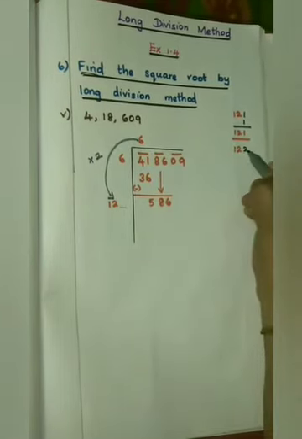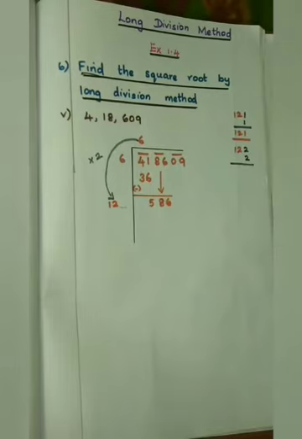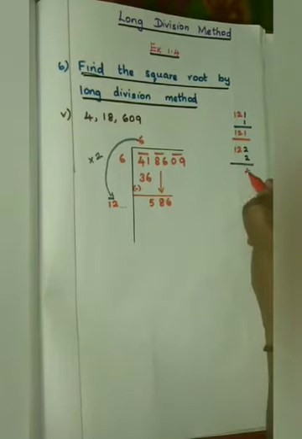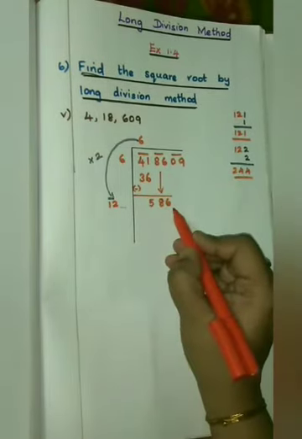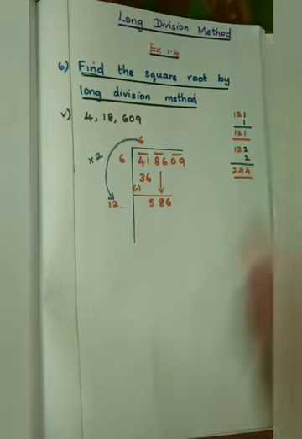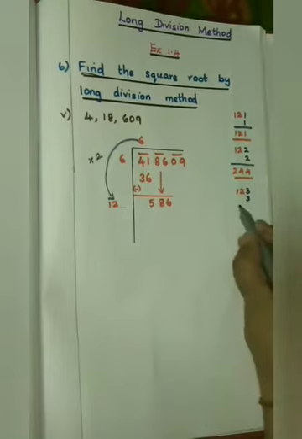Since I am writing here 2, you multiply 122 by 2. What do you get? 244, which is smaller than 586. So let us move on to the next number 3. 12 followed by 3. Multiply 123 by 3.